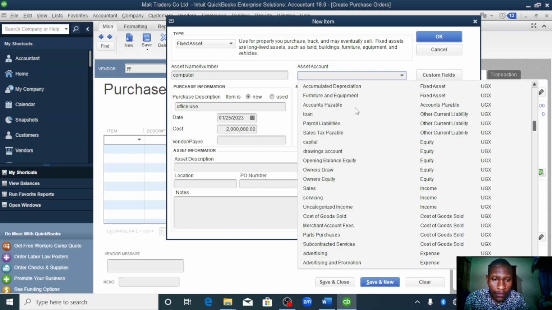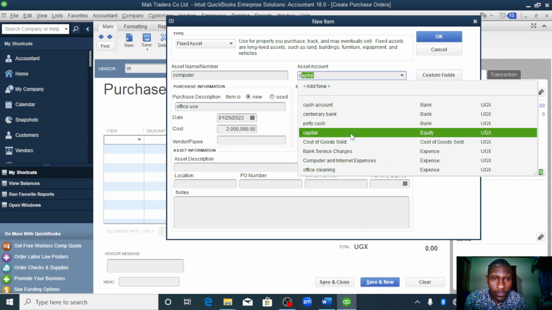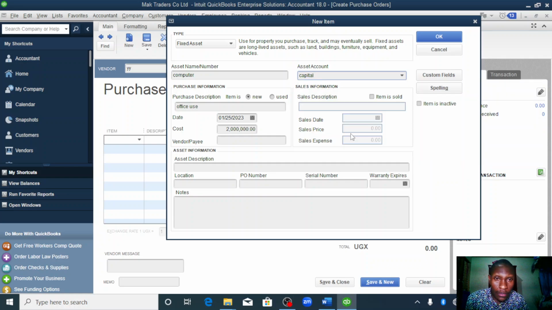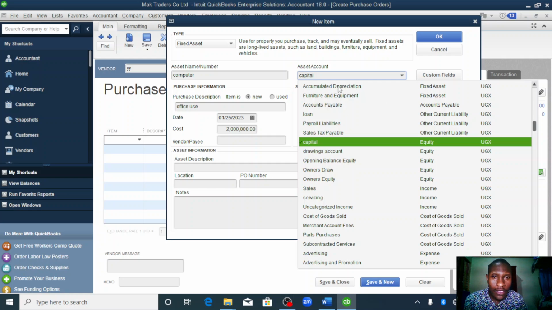It is under capital. Sorry, it can't be under capital. It is under computer and internet expense. We look for that account.